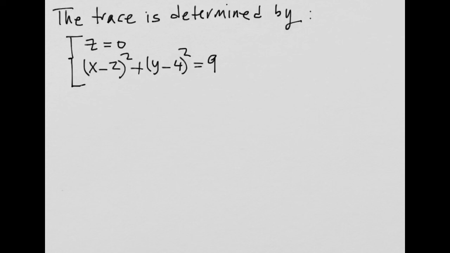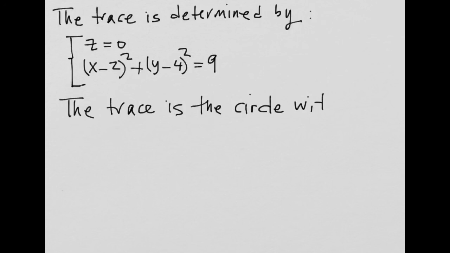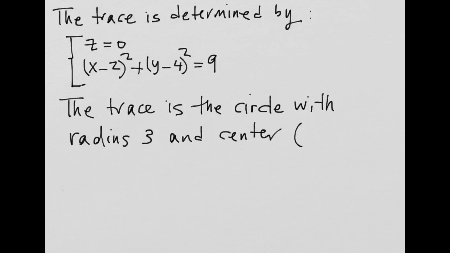Again, so the trace is the circle with radius square root of 9, which is 3, and center, the x-coordinate of the center is 2, the y-coordinate is 4, and the z-coordinate is 0.